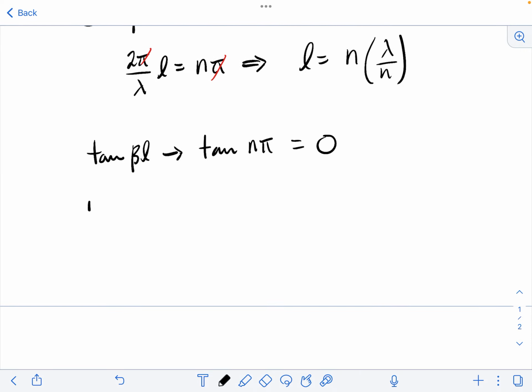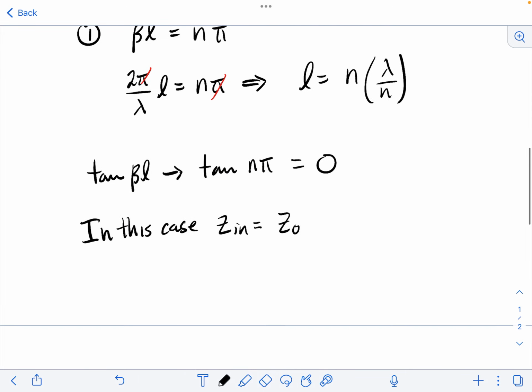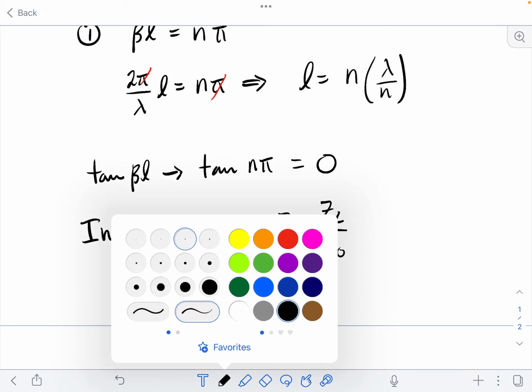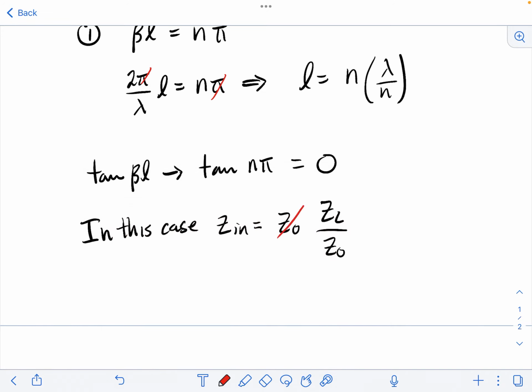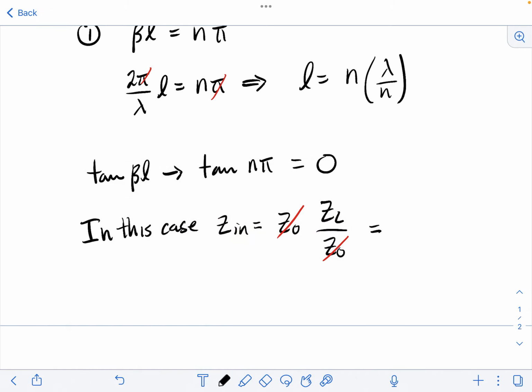So in this case, Zn is going to be equal to Z0 times ZL divided by Z0, and of course the Z0 cancels, and what we end up with is that Zn is just equal to the load impedance.